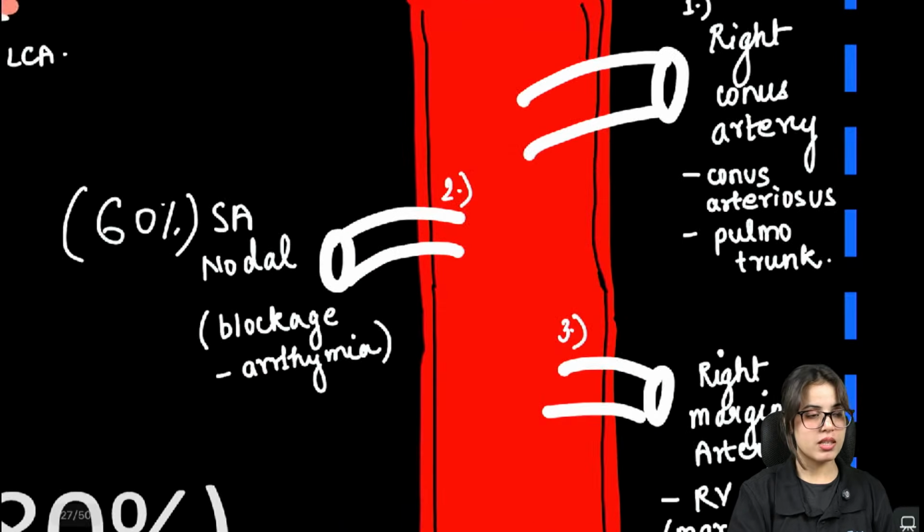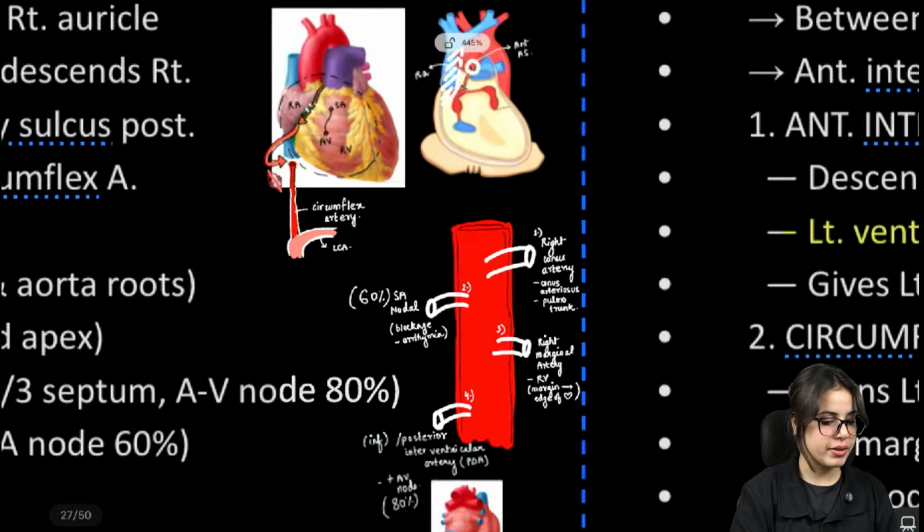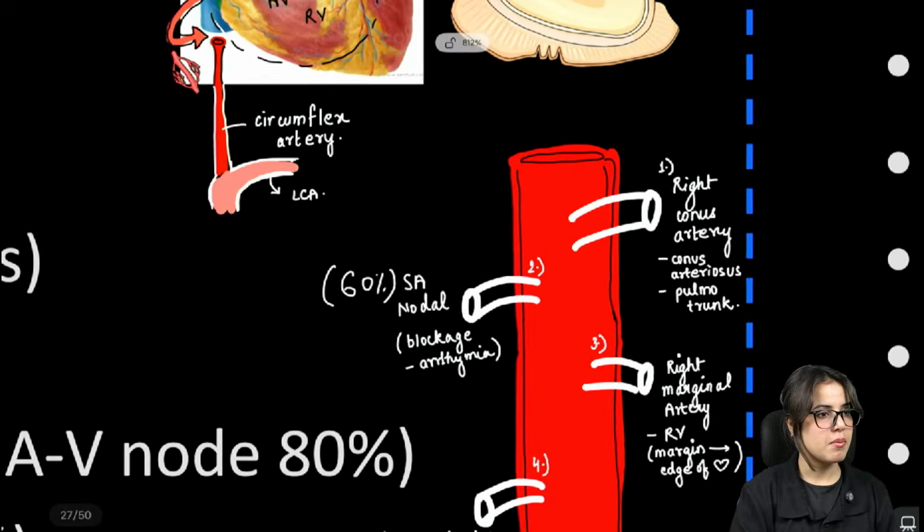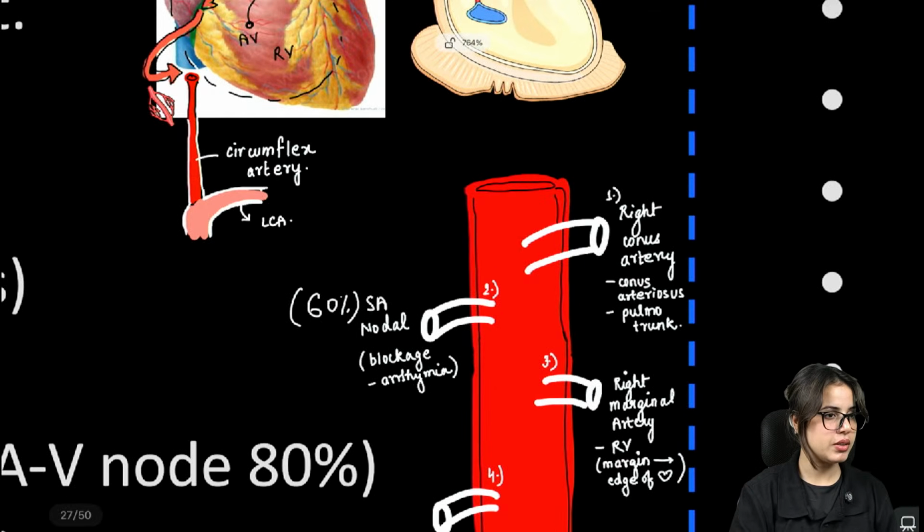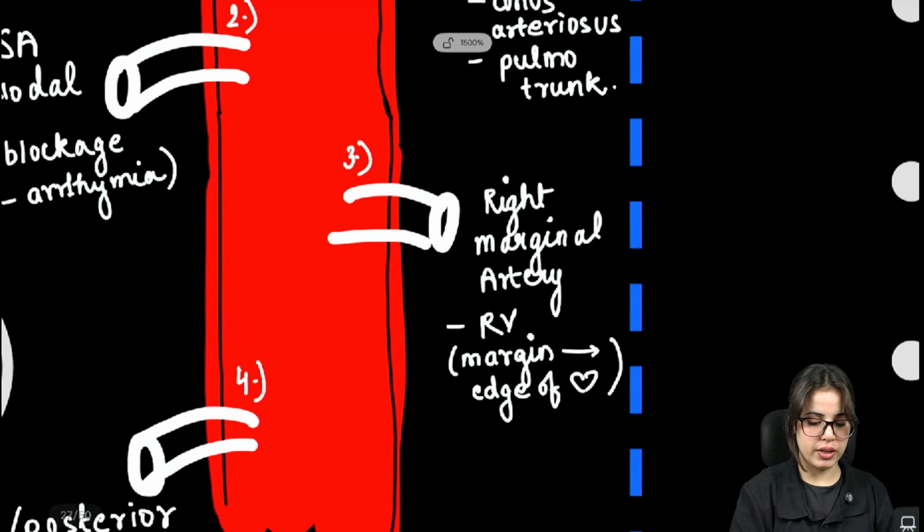The second one is to the SA node. We all know the SA node, the pacemaker of the heart. In 60% of people, the SA node is provided by the right coronary artery, a small branch from the right coronary artery.